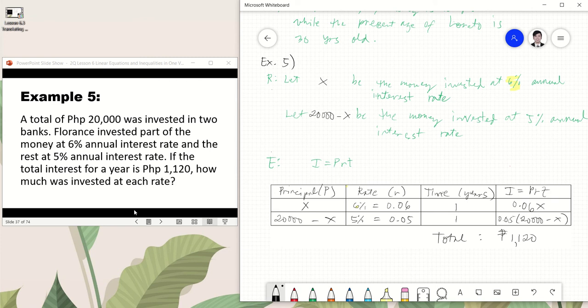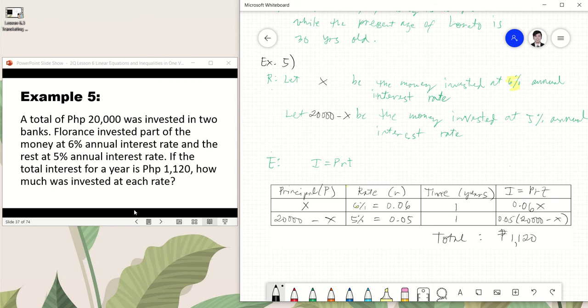Okay, by the way, pag sinabi nating interest, ito yung something that we gain from what we have invested. So kapag naglalagay tayo ng pera sa bangko and we put them for a certain period of time, tutubo yon.